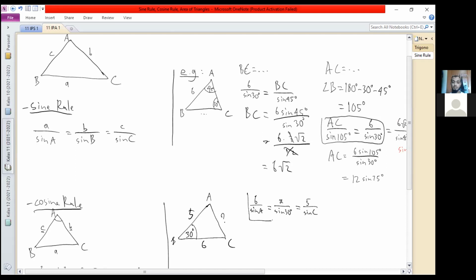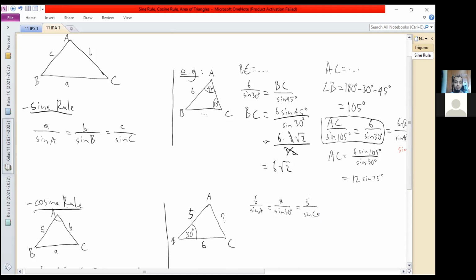For example, if you are using these two, then you have the angle A and x as the unknowns. So there are two unknowns, so you cannot solve this one. And if you are using the other one, you still get two unknowns. It's possible, but really not easy to find using the sine rule.